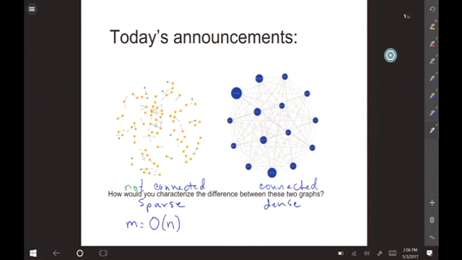It doesn't mean it's a tree. It doesn't mean it's connected or disconnected. It just means there really aren't very many edges. Images induce sparse graphs. For example, in MP4 and MP7, you were working on sparse graphs.